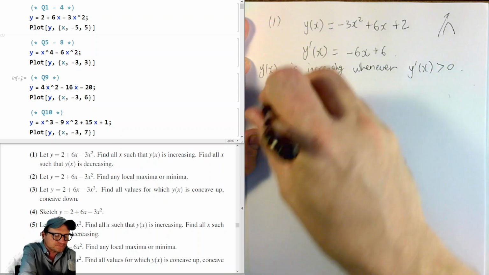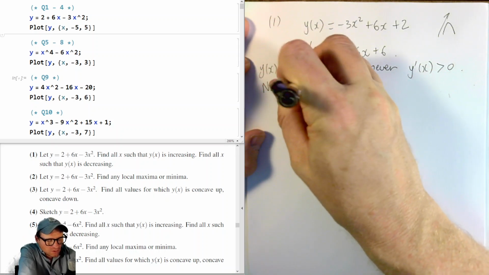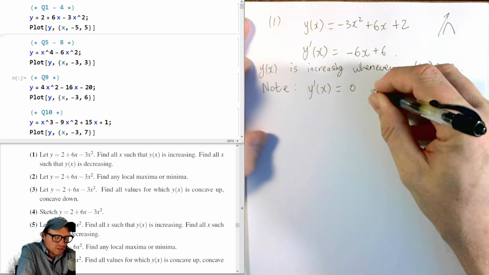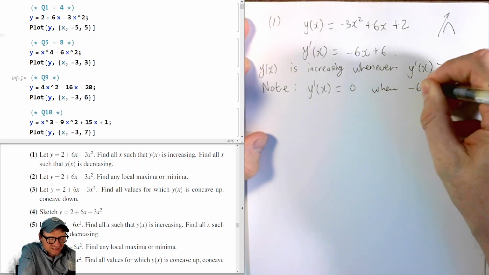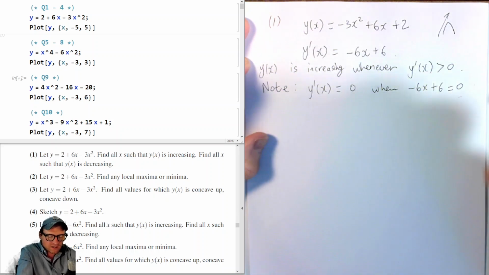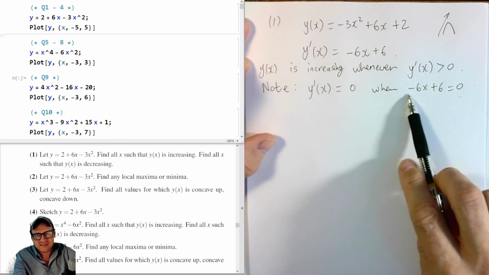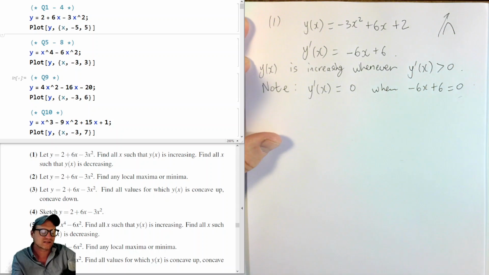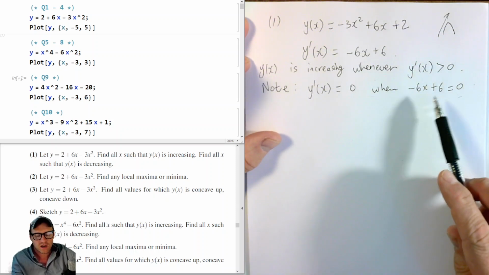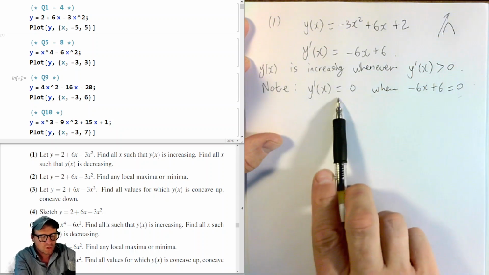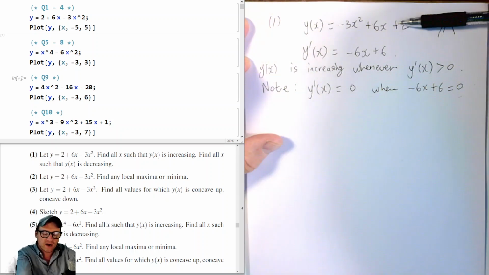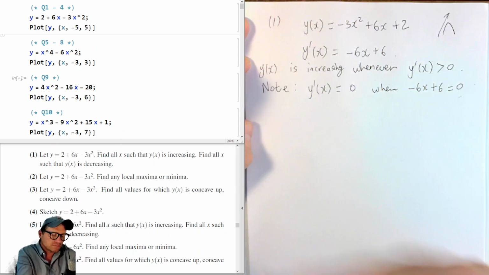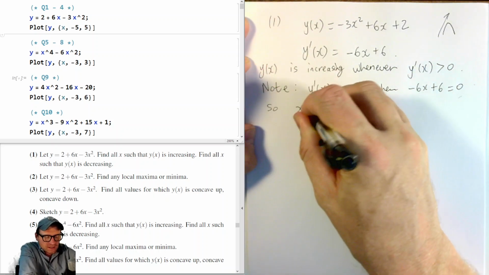As a side note, y dash of x is equal to 0 when minus 6x plus 6 is 0. If we solve this by adding 6x to both sides and then dividing throughout by 6, we see that x equals 1 is the solution to y dash equals 0, and that's where this curve has a horizontal slope, or horizontal tangent. Okay, so x equals 1.